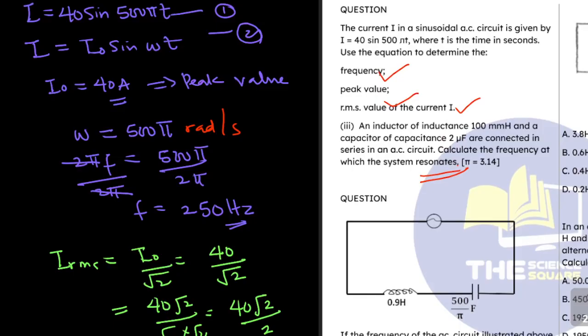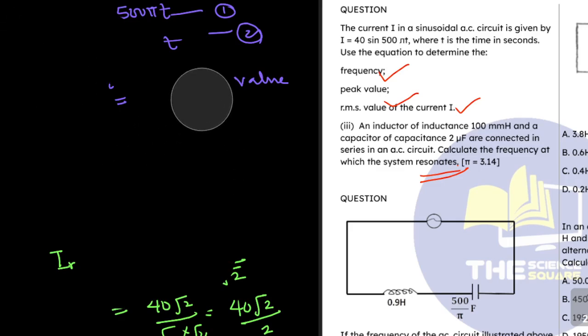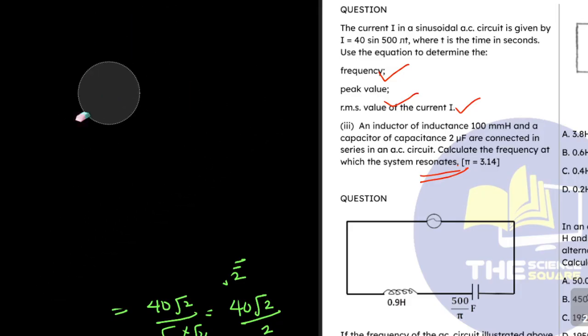Let me clean this so that we can use the same space. All right, so what do we have? We have our L. Let me use a green ink. L is given to be 100 millihenry.